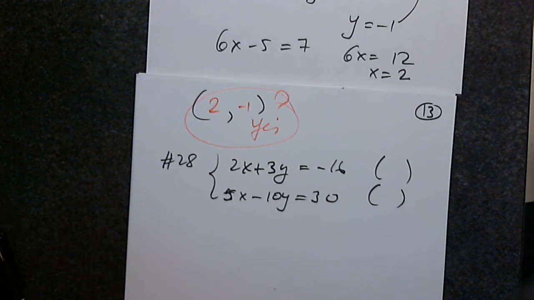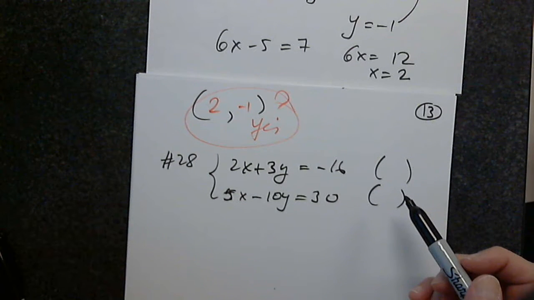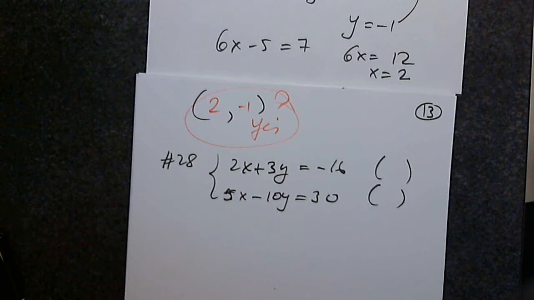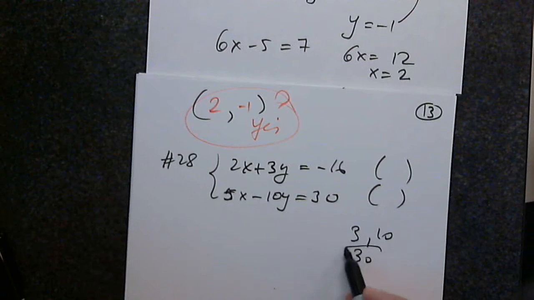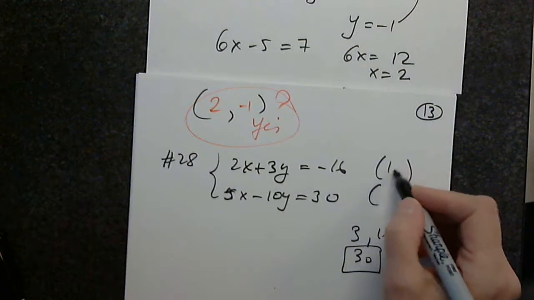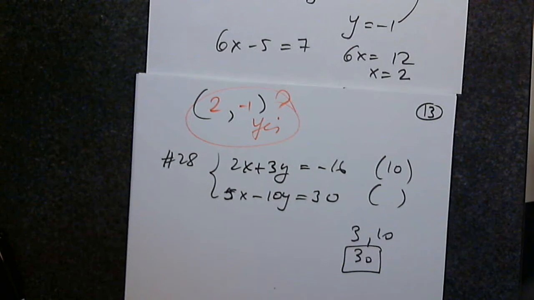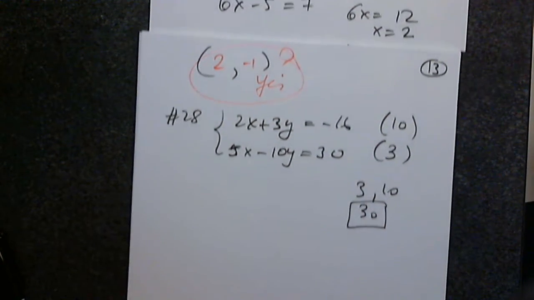What would you multiply the top by? But negative 5 times 3, and now what will I multiply negative 10 by to get the same number? So 3 and 10 don't have a common factor. So I need to obtain a 30. Yes, and the other one by? Exactly.